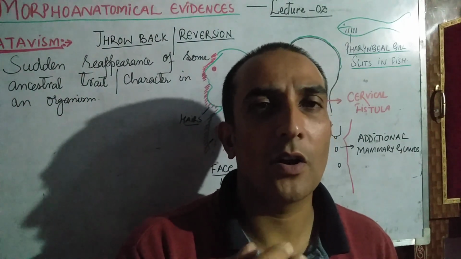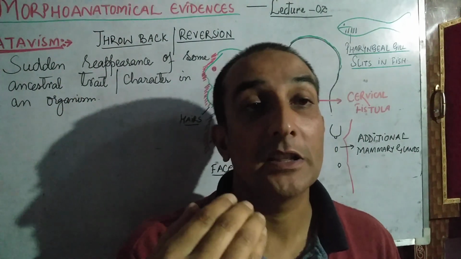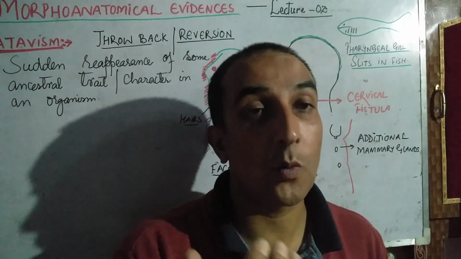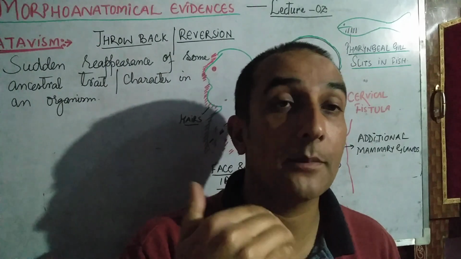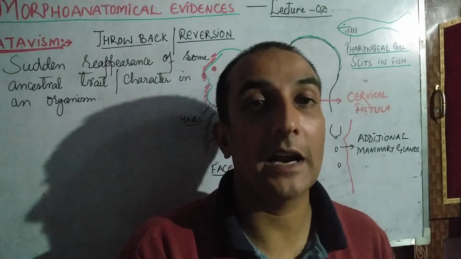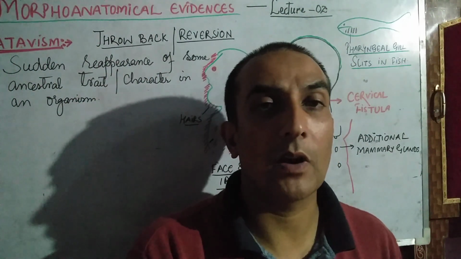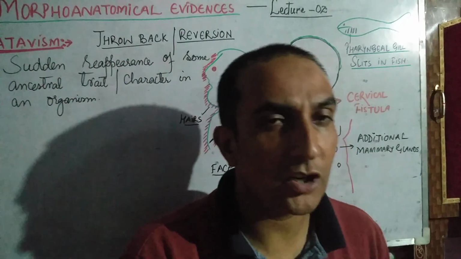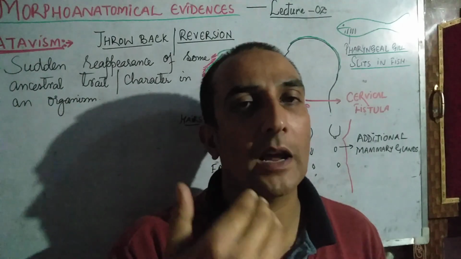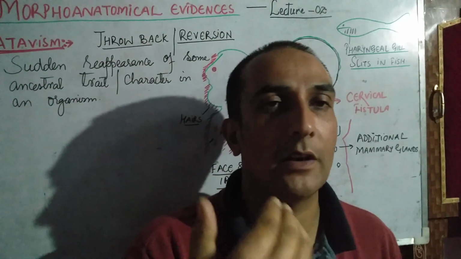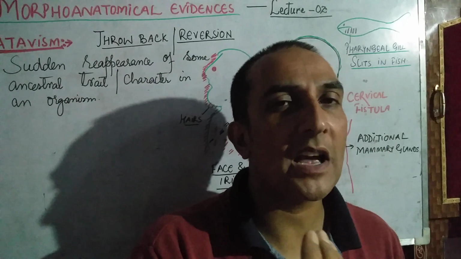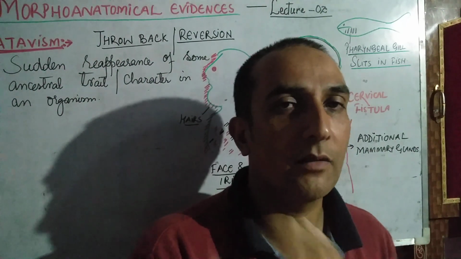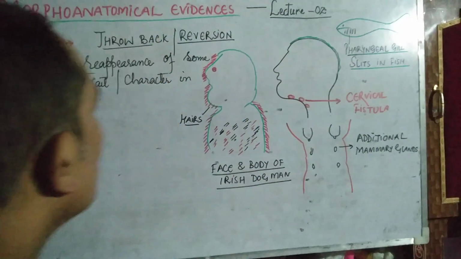Although humans do not have a tail, the ancestors of humans used to have a tail, and if a human baby is born with a tail, it means that some ancestral character has reappeared in that very human, and this is what we call atavism. So it is simply the reappearance of some ancestral characters which we or other animals or plants have lost in the evolutionary course. So if they reappear again in some organism, it is throwback, reversion, or atavism.